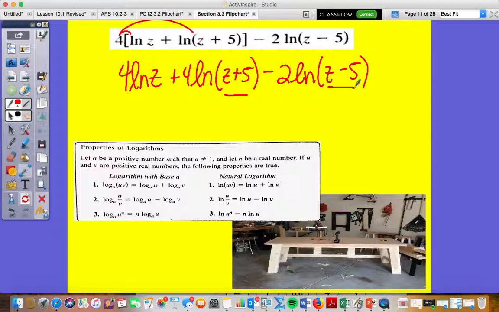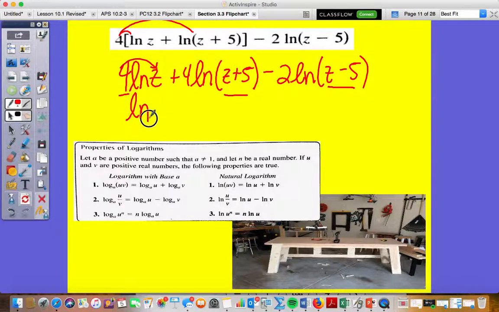4 ln z over z plus 5. We're multiplying. First, though, what does the 4 do? The exponent rule. Good. It's just the opposite. Does that make sense? So the 4 would go to the backside.